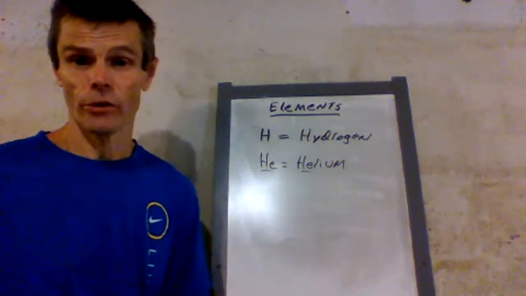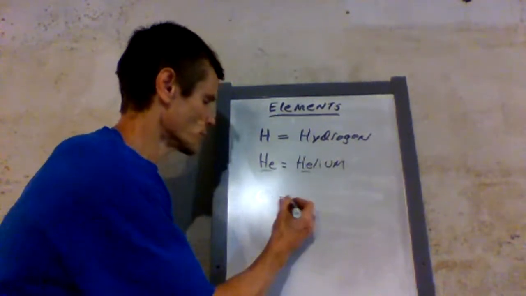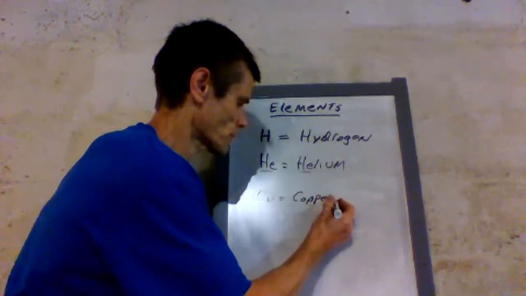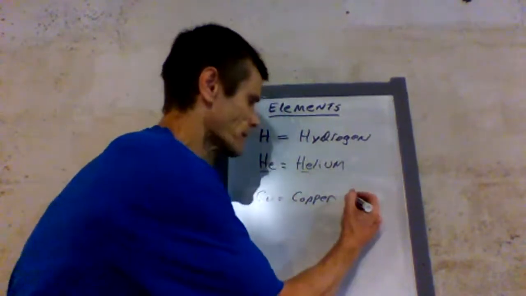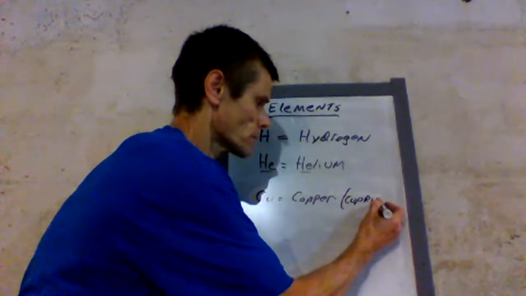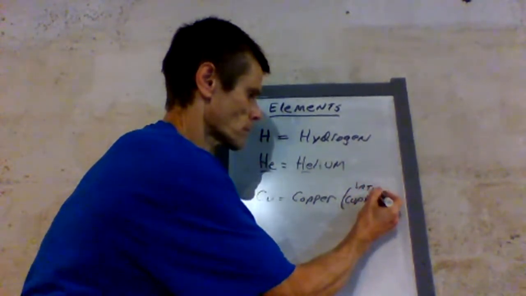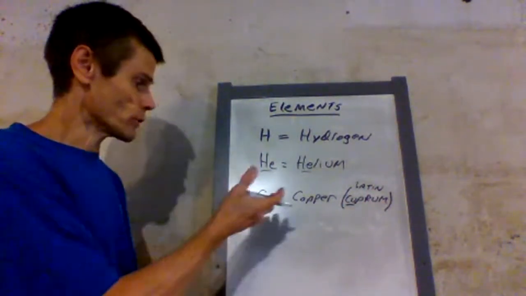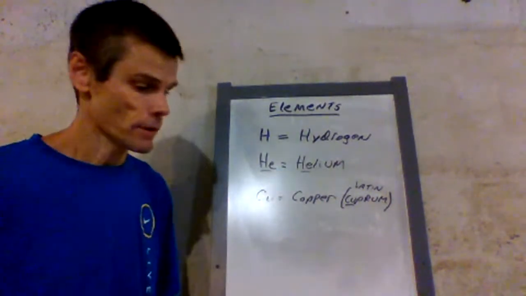Some of them aren't so easy. Cu is copper. Cu is from cuprum, which is the Latin name, the Latin derivation. So a lot of them have Latin names where we use the first two letters from their Latin name. Another one, silver, gold.